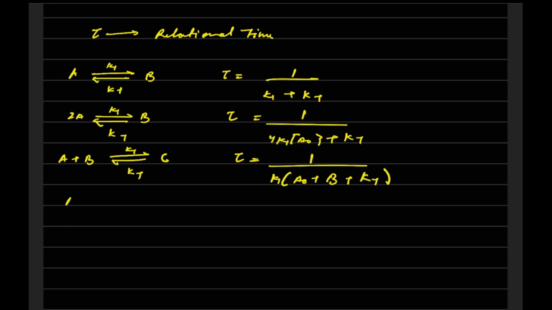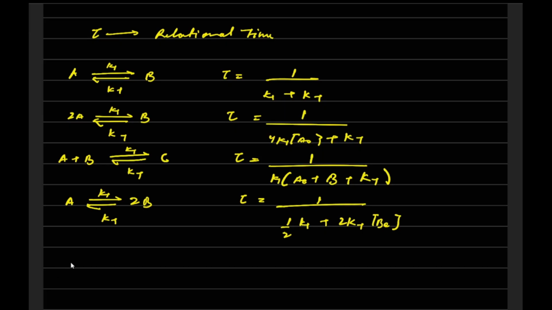Then if it is A going to 2B, with K1 and K minus 1, tau is equal to 1 by half K1 plus 2 K minus 1 times B equilibrium.